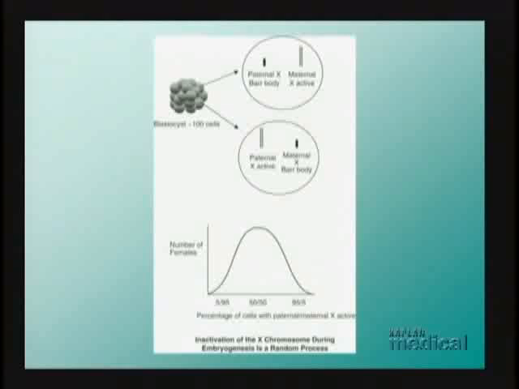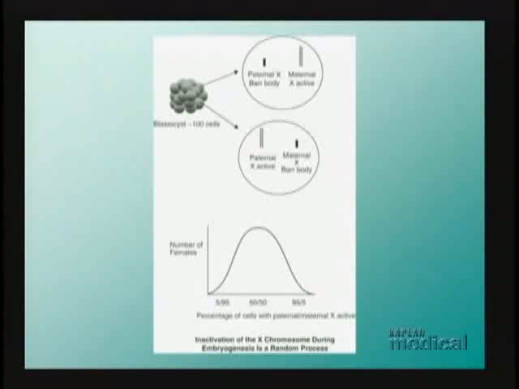The graph at the bottom of the slide shows you that in a large population, the vast majority of females would have approximately a 50-50 distribution of such inactivation within their bodies.